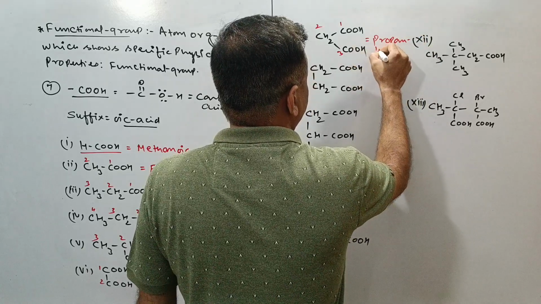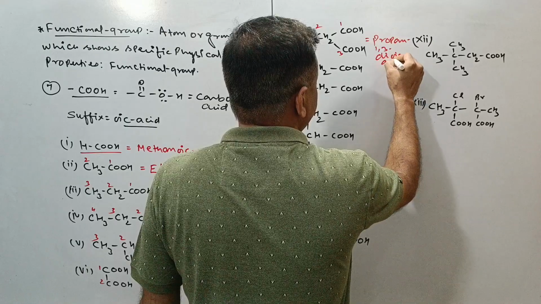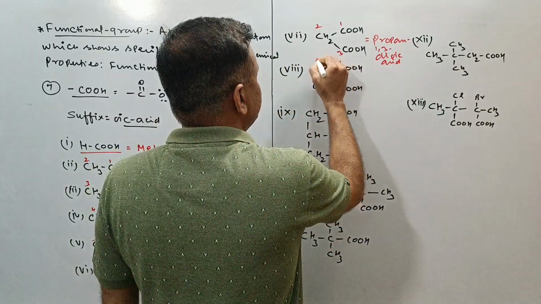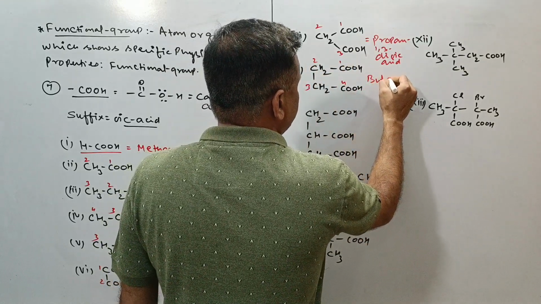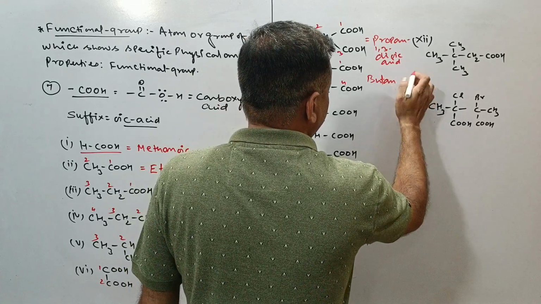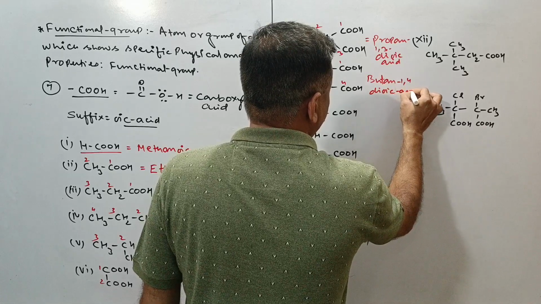At number 1 and 3 positions, there is oic acid, so it will be dioic acid, propane-1,3-dioic acid. This is 1, 2, 3, 4, so it will be 4 carbons, but, single bond an, and at number 1 position and 4 position there are oic acid, so 1,4-dioic acid.